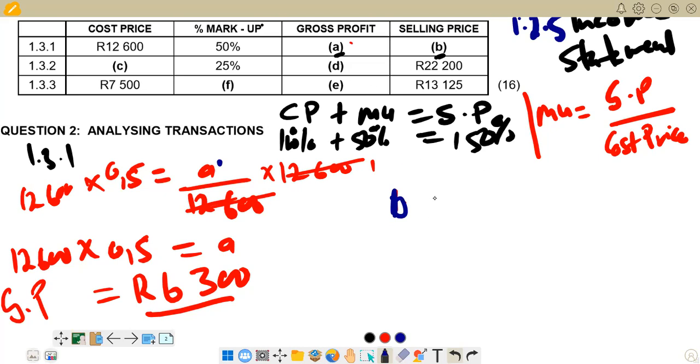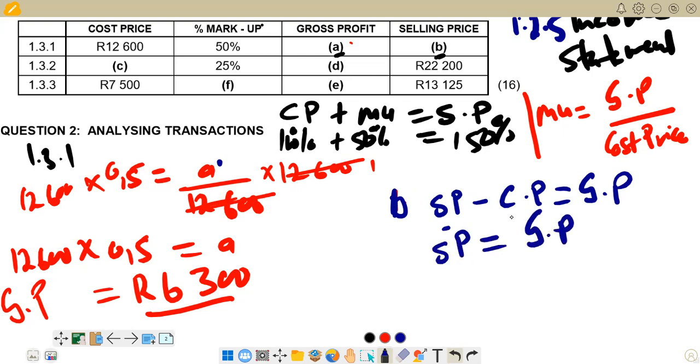We can say selling price minus our cost price gives our gross profit. So the figure that we want there is the selling price. We can make it the subject of the formula, and it becomes selling price is equal to gross profit, and this cost price we take to the other side, then we change the sign to become positive, so it becomes plus cost price.